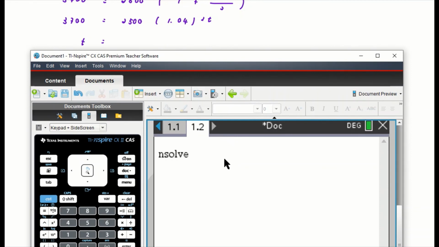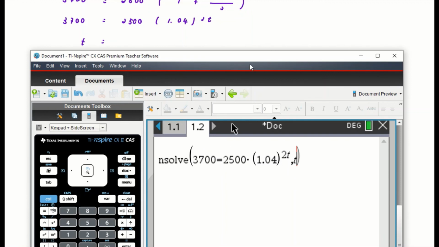So nSolve: 3700 equal to 2500 multiply, remember the multiply, 1.04 to the power of 2t. After you put in everything, then comma, then t.